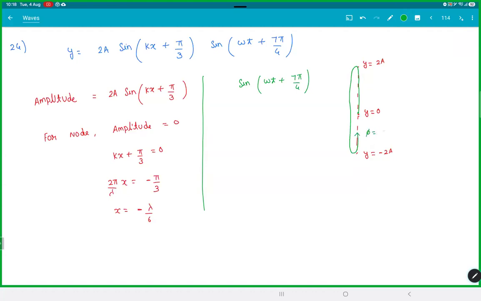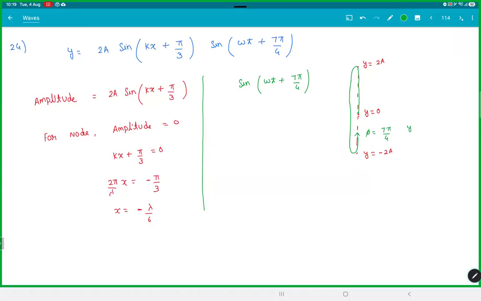This phase angle will be 7 pi by 4. Meaning if I go another pi by 4, I will reach 2 pi, isn't it? That's like 315 degrees. If I do another 45, I will reach the center, the mean position again.